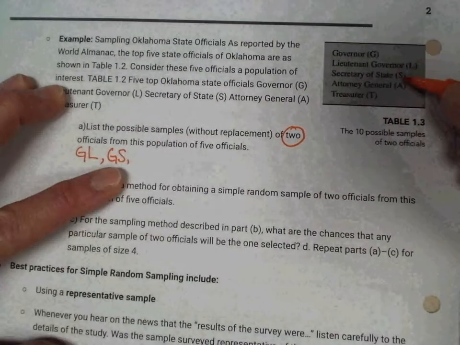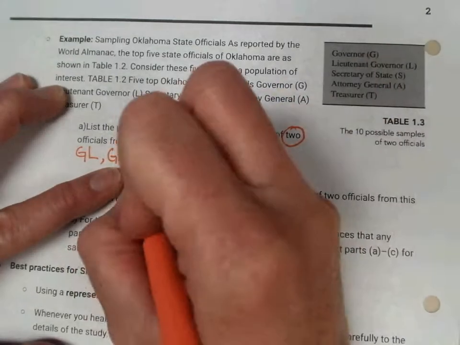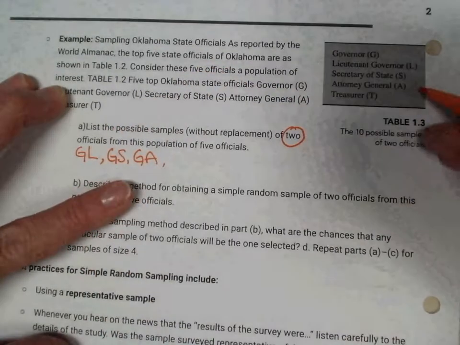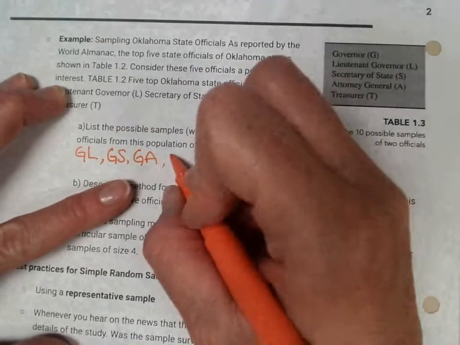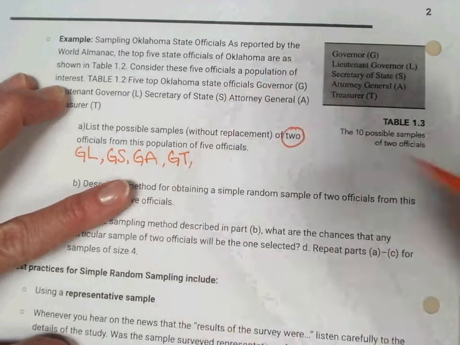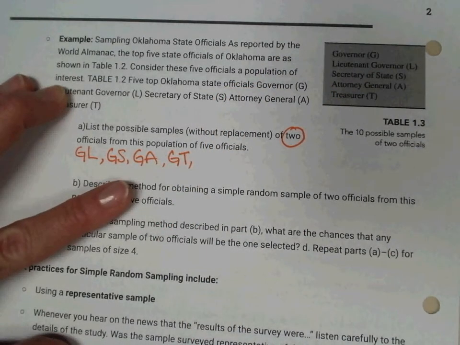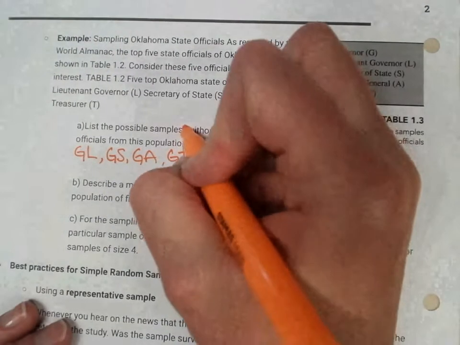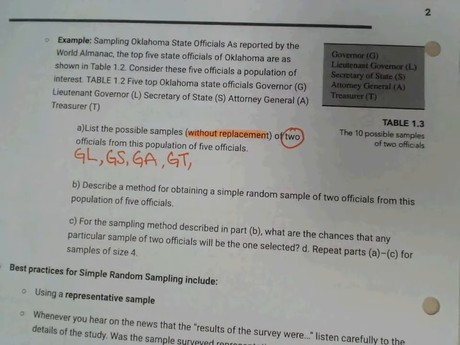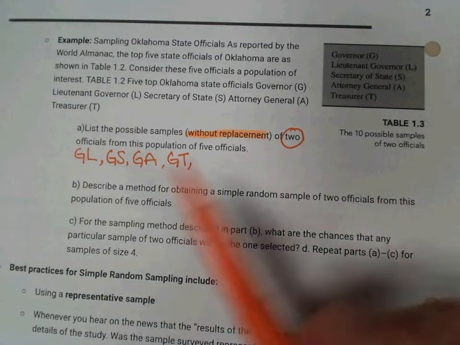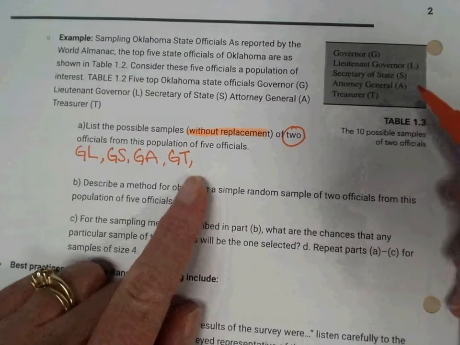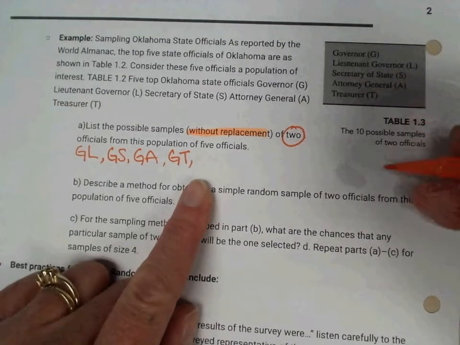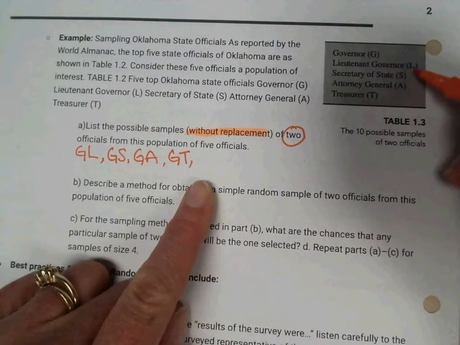So GS, and then GA, and then GT. Notice it did say that we're using without replacement, so I can't have any repetition. So I'm putting G aside now in terms of what I can have for my other pairings here.